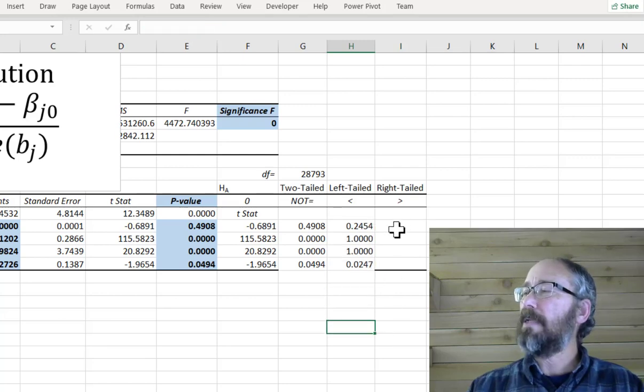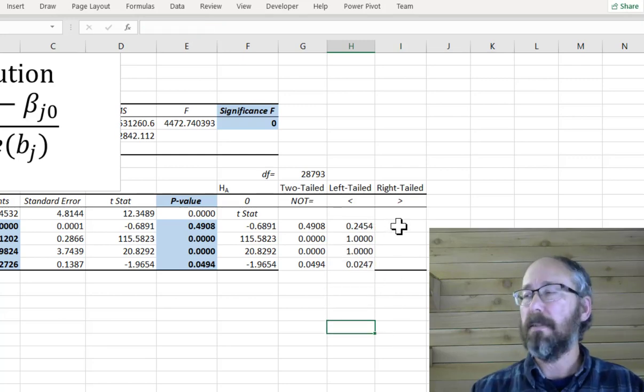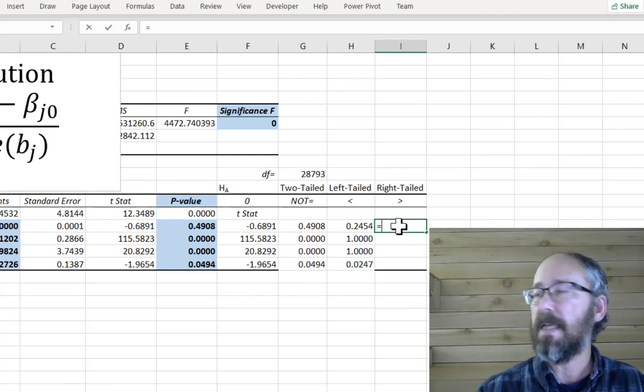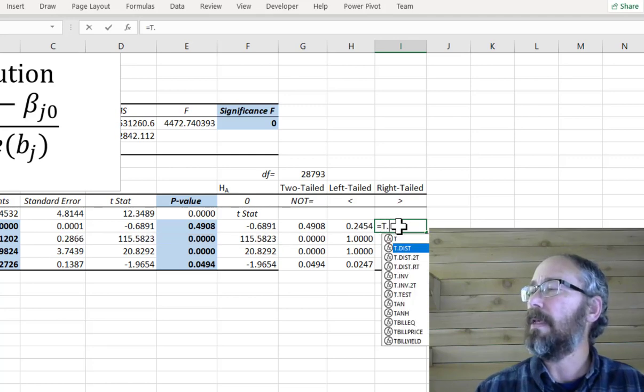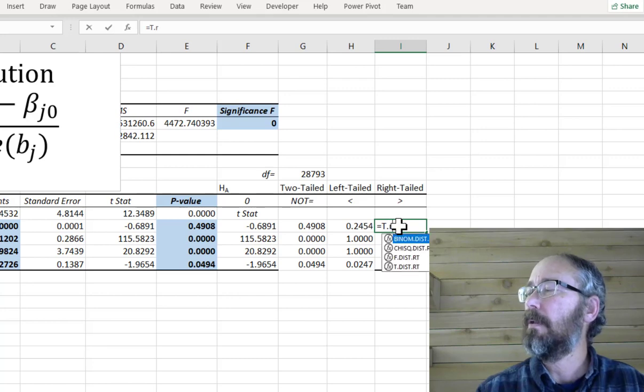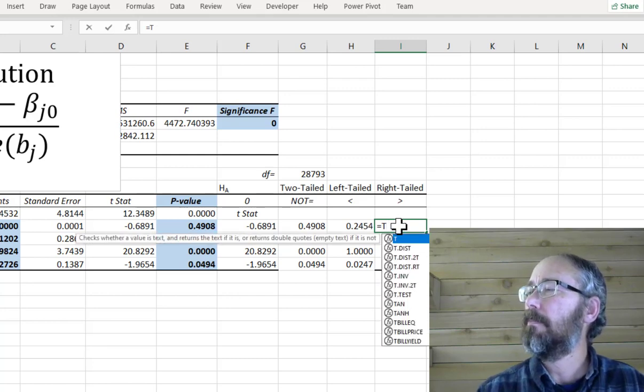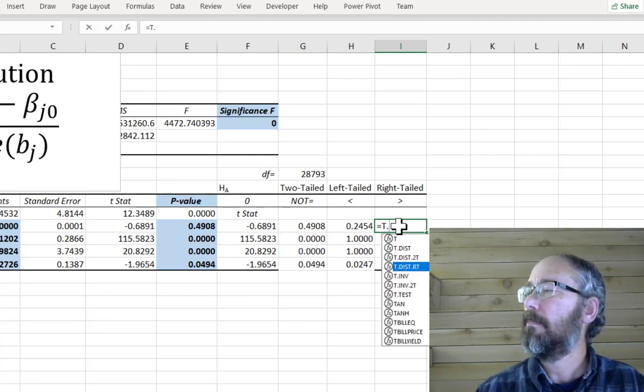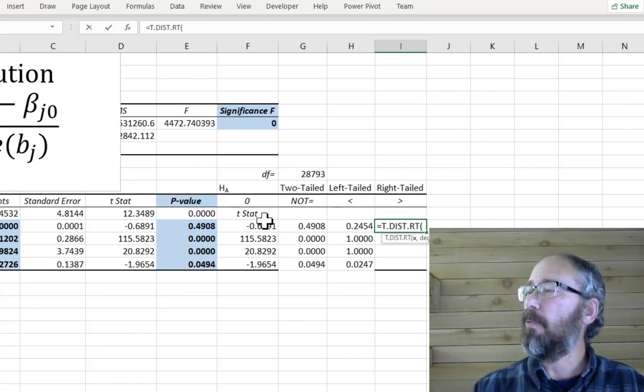And now let's do the right-tailed, and then we'll talk a little bit more about these. The right-tailed is the T.DIST.RT for right-tailed. And again, we need that t-stat. And again, we need the degrees of freedom.